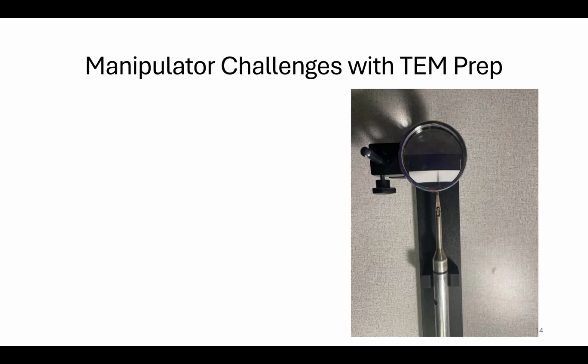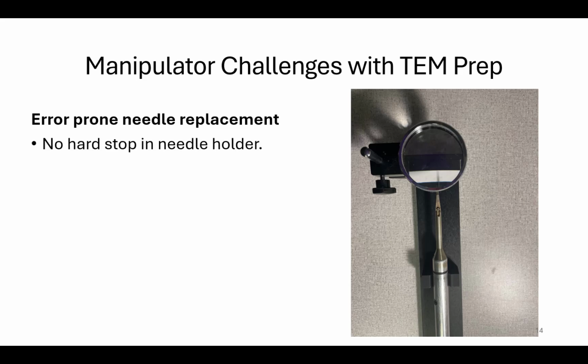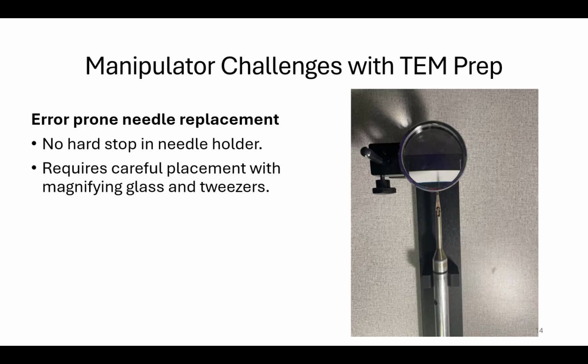And then, once you go to vent the tool and change the needle, the alignment procedure is extremely error-prone. Up until very recent FIB models, there was no hard stop on the needle holder. So users need to stand directly over the needle and look down on it through a magnifying glass and then nudge the needle back and forth until the very tip of the needle is right on that black-white transition.